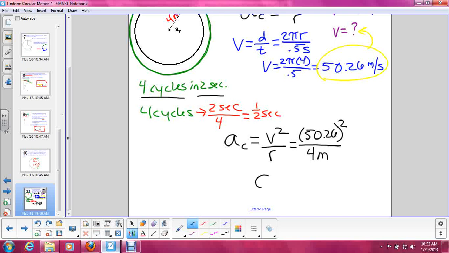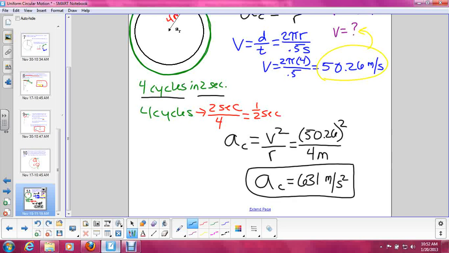So when you plug this into your calculator, 50.26, and you square it, and then you divide by 4, you get a pretty large number, 631 meters per second squared. And remember, this acceleration is always pointing toward the center of the circle.